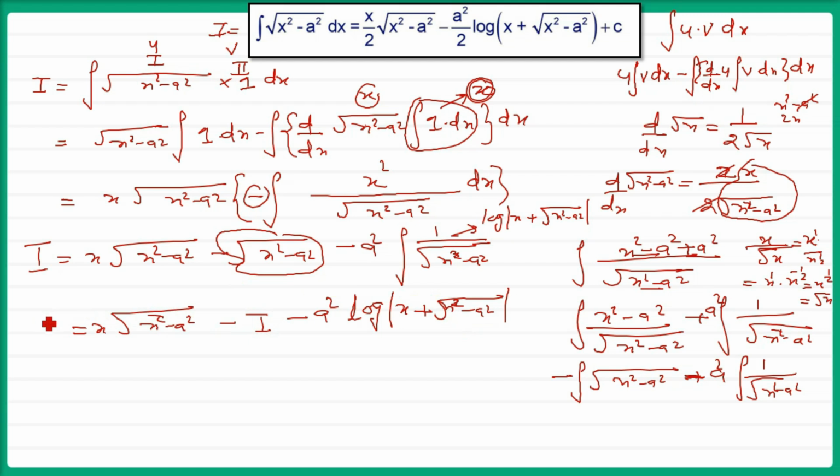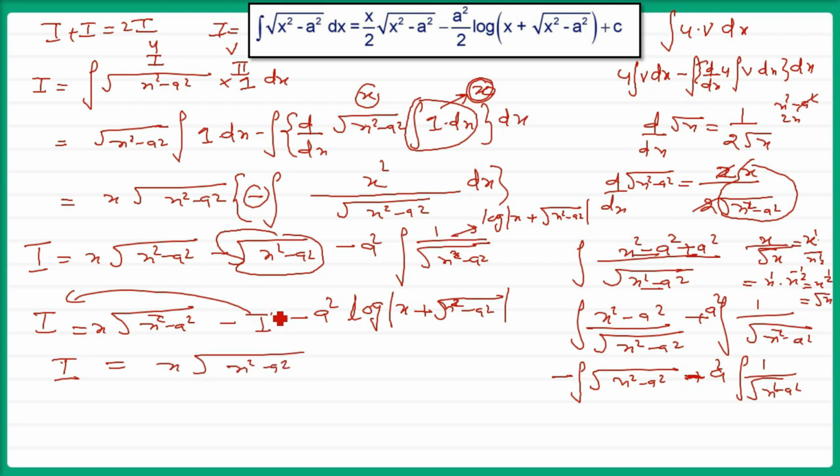Now this negative I can be taken on the left, it will give you I plus I, and I plus I is going to give you twice I. Now this is 2I. I'm not writing 2 because I'm going to take it downstairs.